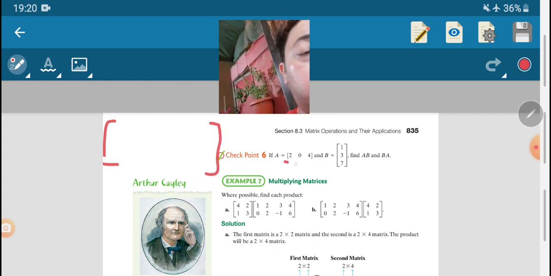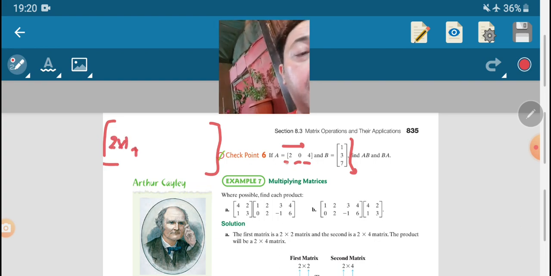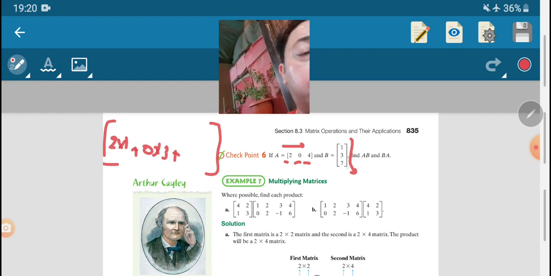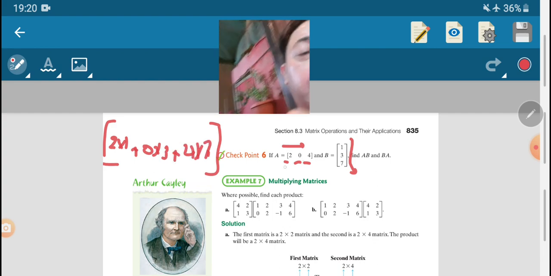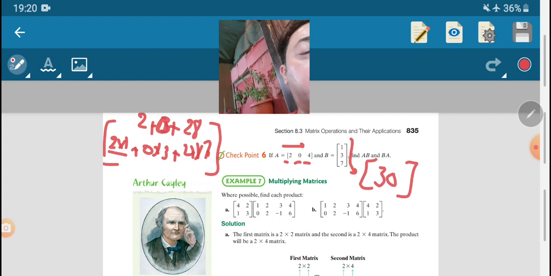Now we're going to multiply the first row by the first column, which is 2 by 1 plus 0 by 3 plus 4 by 7. It contains 1 element. 2 by 1 is 2, plus 3 by 0 is 0, 4 by 7 is 28. 28 and 2 is 30.